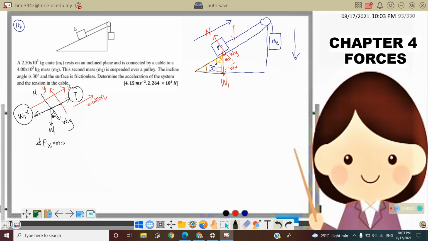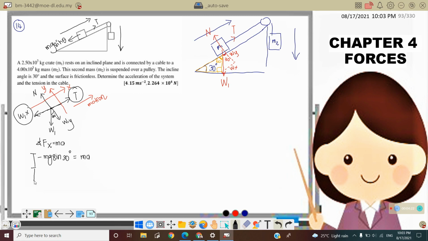The motion is upward, and M2 will be going downward. But the weight here, mg sine theta, is in the opposite direction. So we take tension minus mg sine 30, the angle, equals to MA.